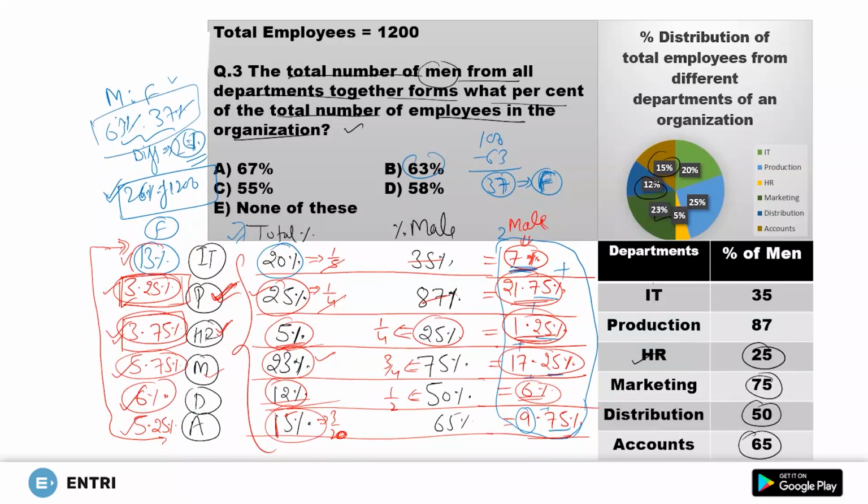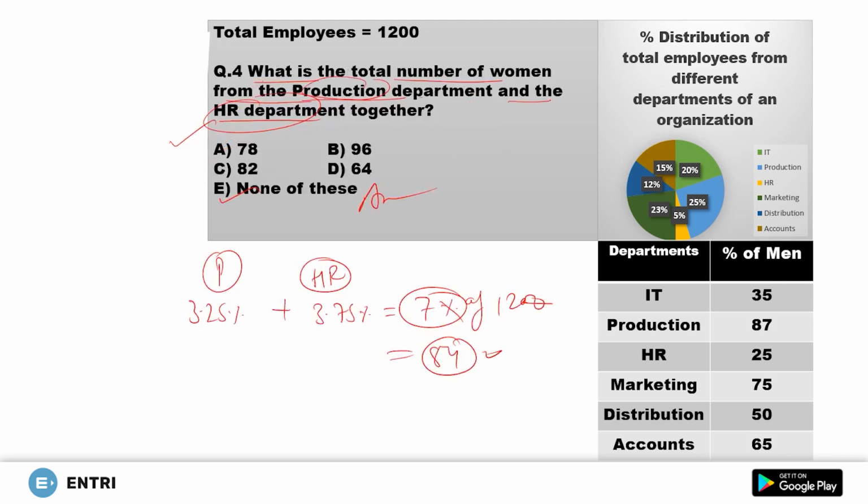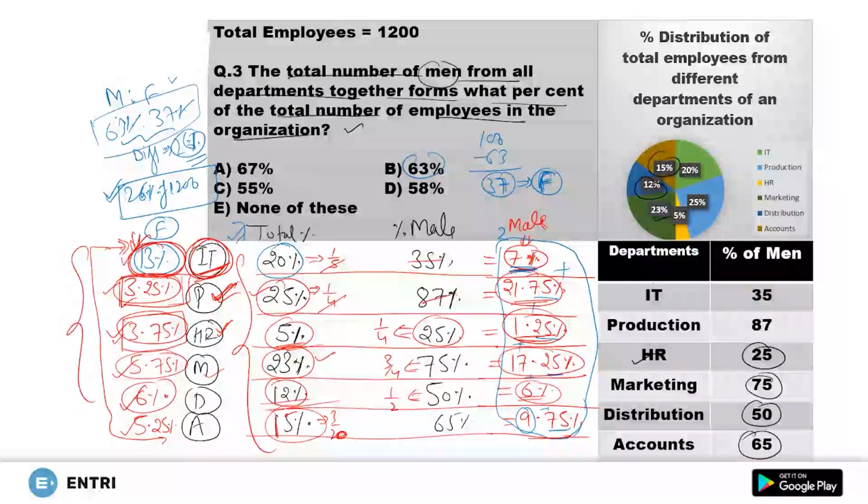Clearly you can say this 13% is the highest, which is in IT department. So you have highest number of female in the IT department. No need to calculate further. Once you have calculated this, your 2 to 3 questions will be solved by using these calculations only. I hope this concept is clear.